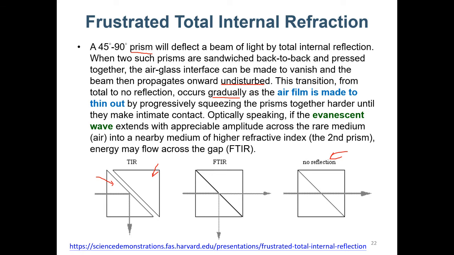It occurs gradually, 渐渐发生的, as the air gap is made to thin out by progressively squeezing the prisms together harder until they make intimate contact. So optically speaking, if the evanescent wave extends with appreciable amplitude across the rare medium into a nearby medium of higher refractive index, energy may flow across the gap. This is called frustrated total internal reflection.